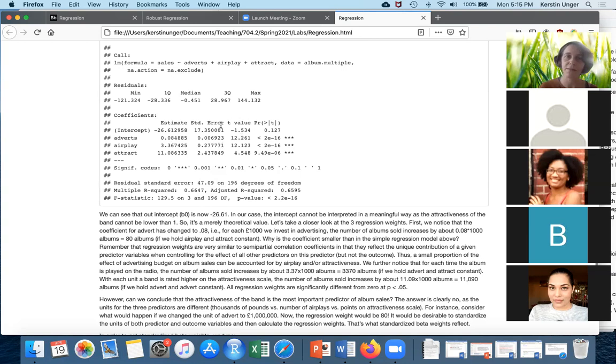This t-value corresponds to the assumption that the true coefficient is 0, which is always the null hypothesis. That is, we have no relationship between any of the predictors and our outcome variable; none of the predictors has an influence.